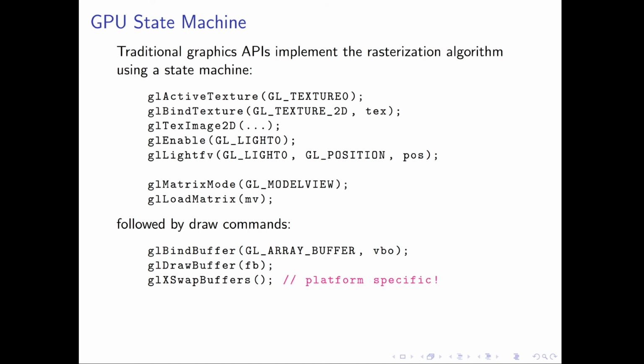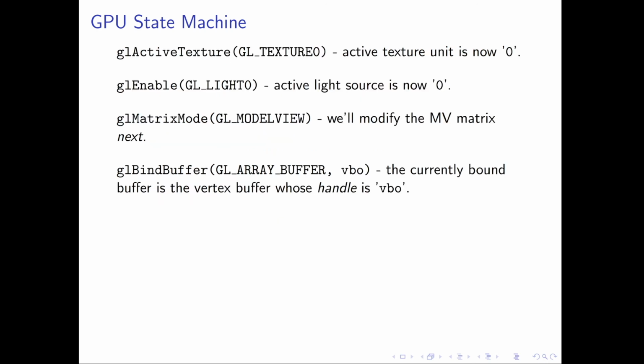So in the immediate mode APIs, we traditionally had a state that was configured by the application developer, and that the GPU adheres to when a draw call is issued. When the draw call is issued, the GPU will consult the state and will try to find out how to actually draw the data that the application developer specified.